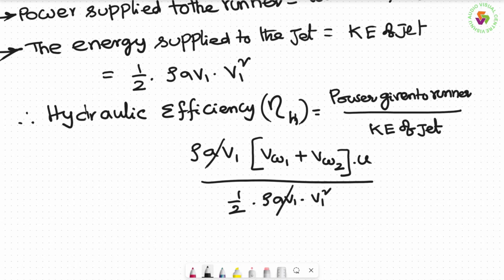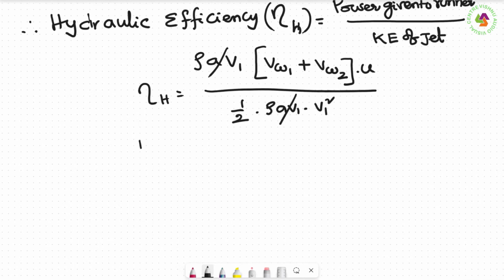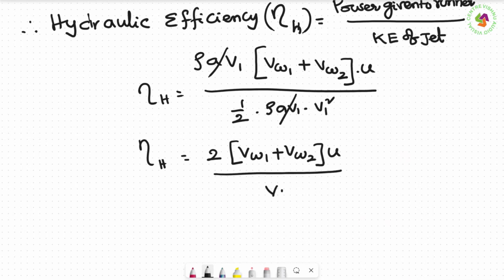So if I cancel this, then naturally what will happen? If I take this numerator, eta H is equal to 2 into (VW1 plus VW2) into U divided by V1 square. Now let us substitute what VW1 and VW2 are.